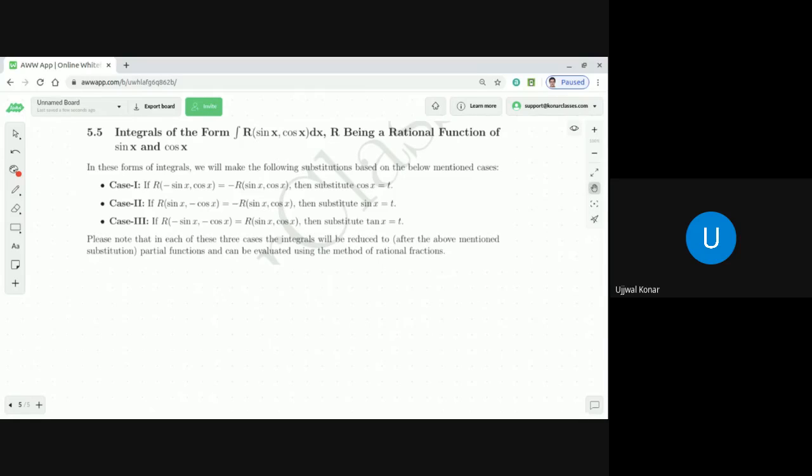That means r is a rational function of sin x and cos x. We'll discuss these rational functions and details about them in our algebra classes. But in this form of integrals, we will make the following substitutions based on the cases mentioned below. If we find that r of minus sin x comma cos x is equal to minus of r of sin x comma cos x, then we substitute cos x equal to t.